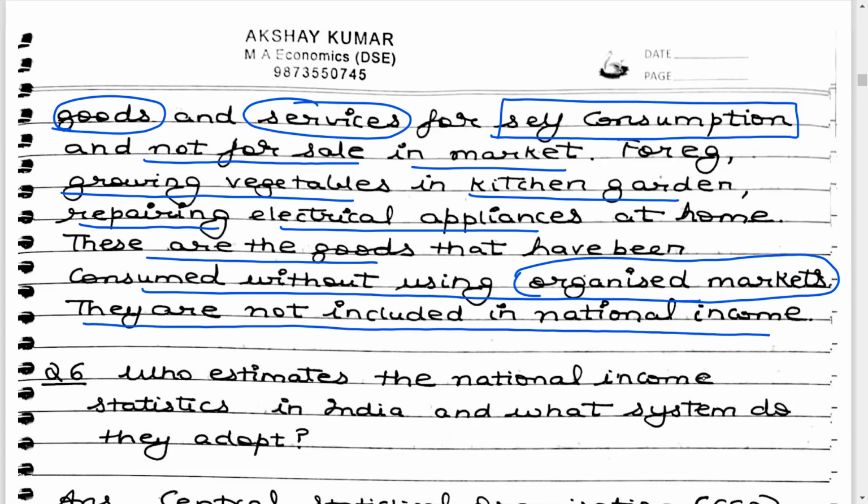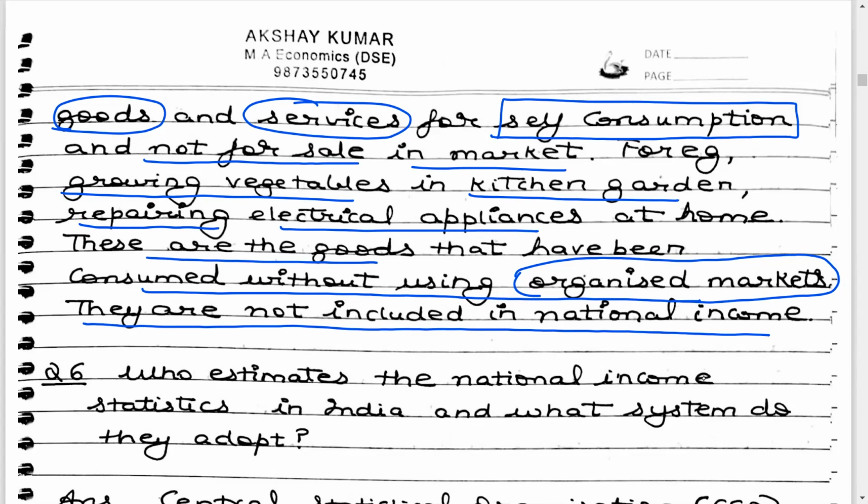Third important point, in case of non-market activities, organized markets do not exist. That means you are not paid for the good you have produced or for the service you are producing. For example, the vegetables you are growing in your kitchen garden, you are not paid for that. The electrical appliances you are repairing at home, you are not getting paid for that. So there is no market involved here.